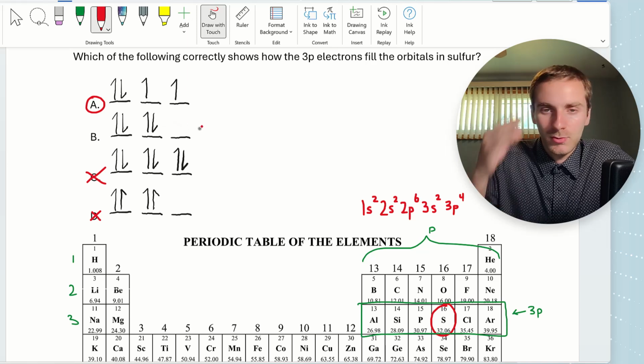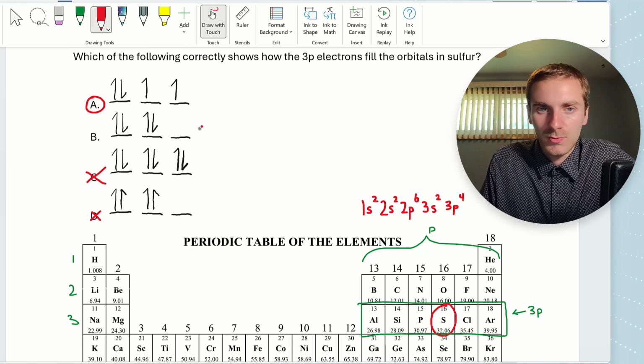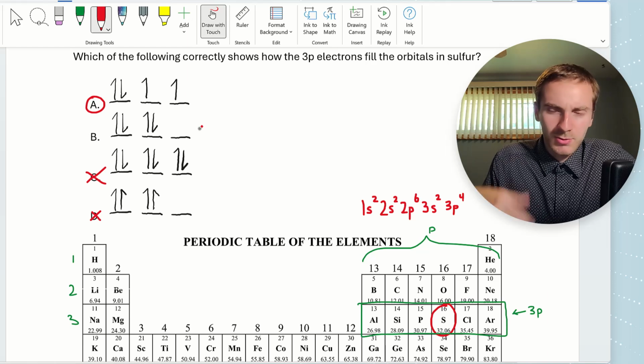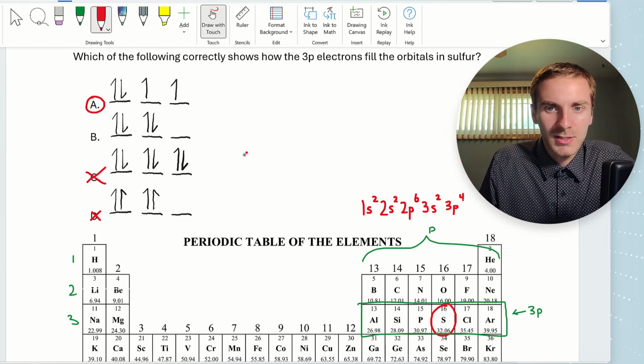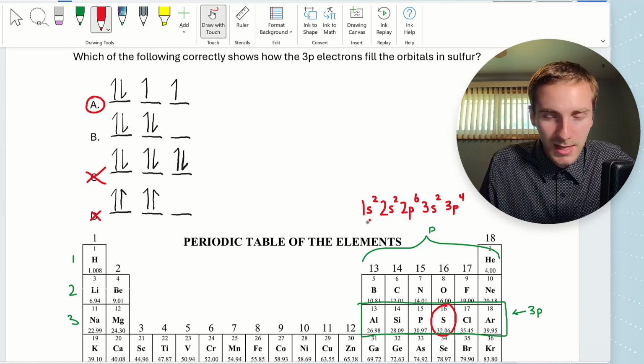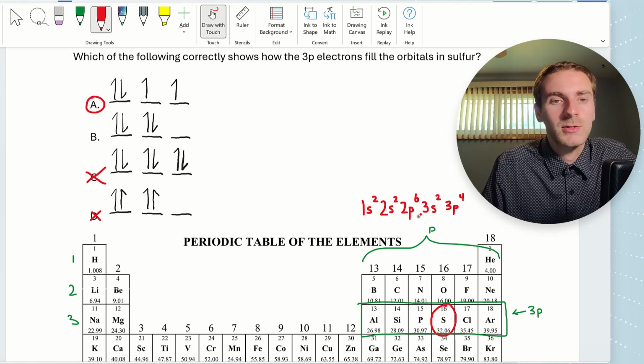But there's a third rule called Hund's rule. Actually, I didn't mention the first rule, which is the Aufbau principle, which states that electrons fill the lowest energy levels first, which is why it fills 1s and then 2s, and so on.